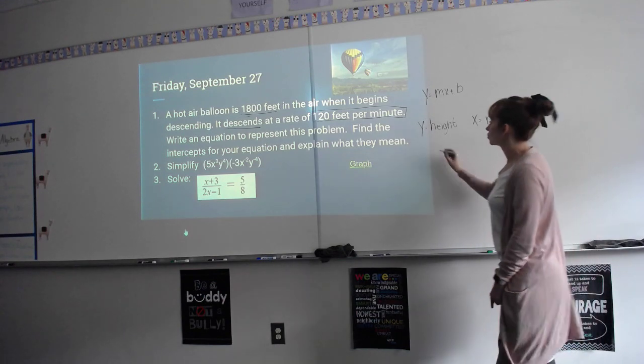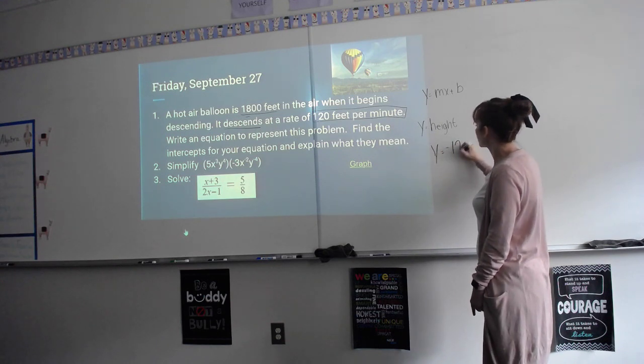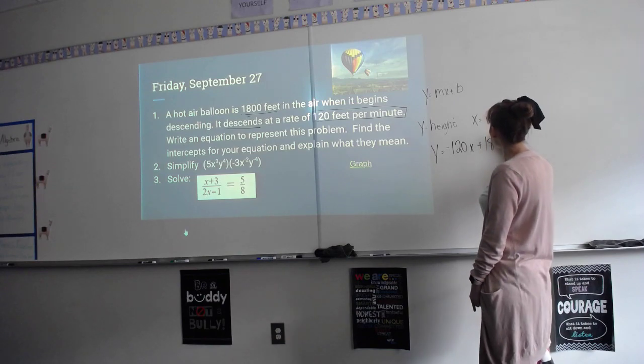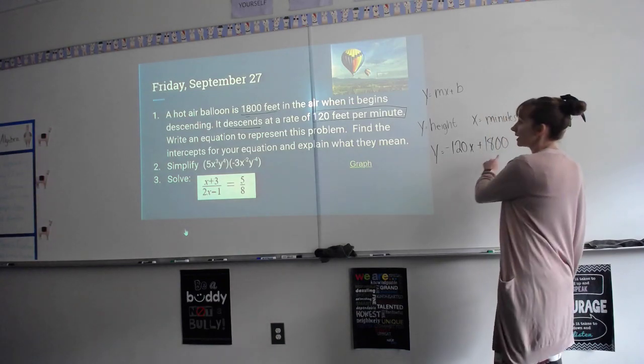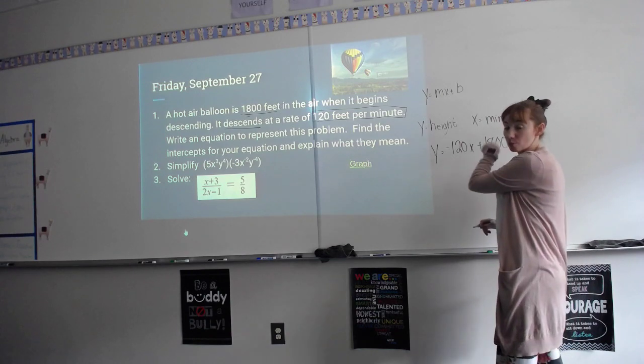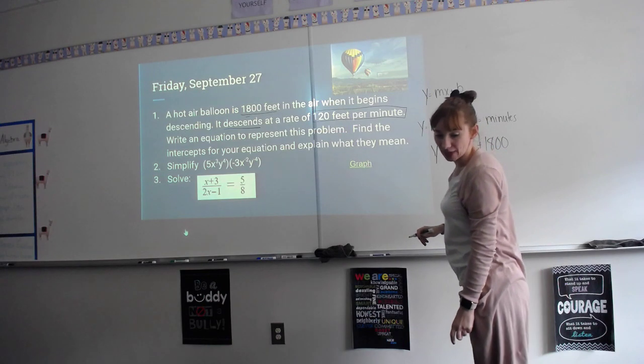So our equation is going to look like this. y equals negative 120x plus 1,800. Now 1,800 is our y-intercept, because that's where we start before we start descending, before any time has passed.